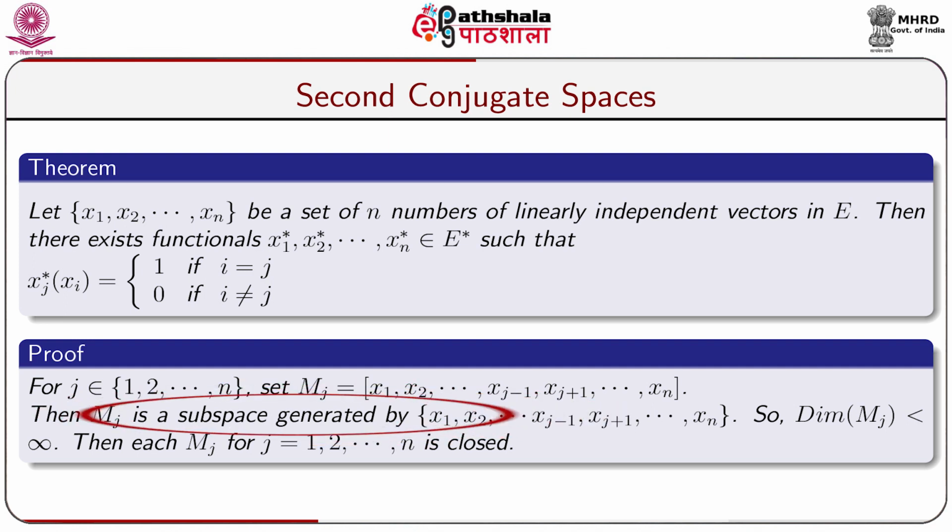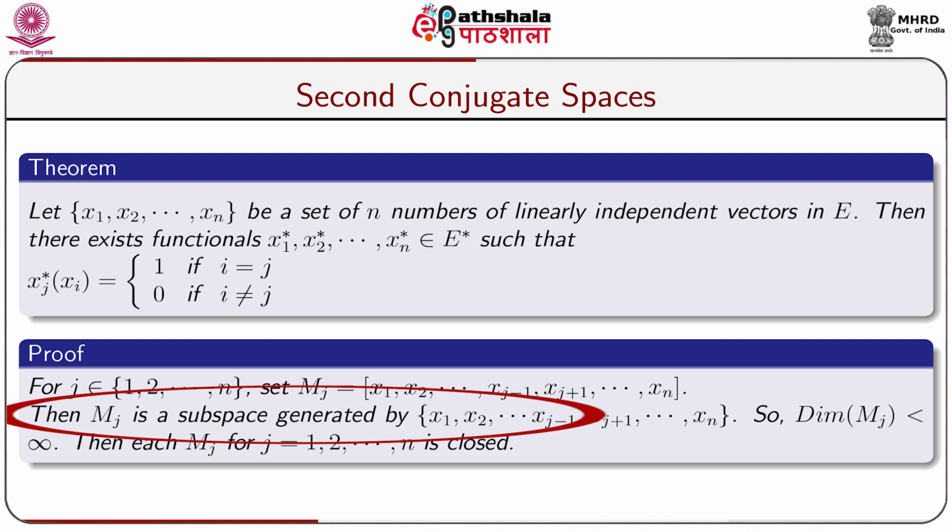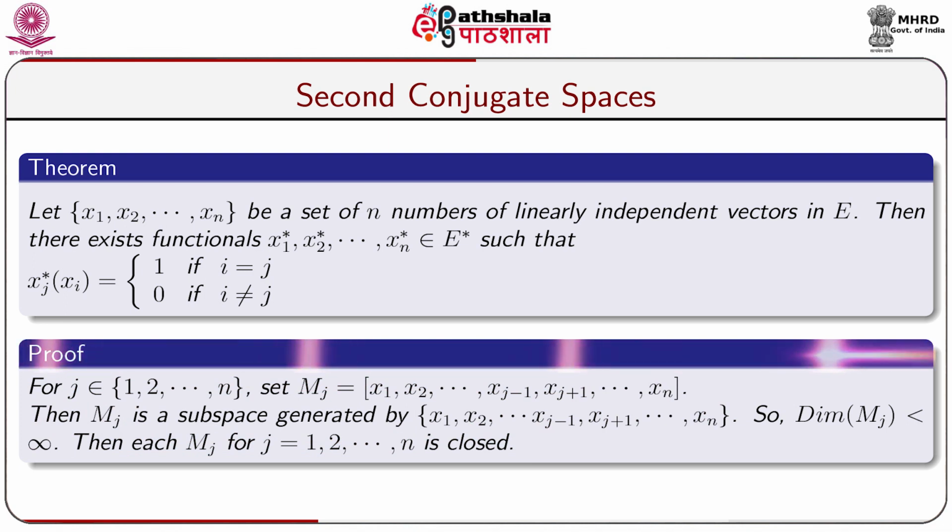That means Mj is a subspace generated by all elements x1, x2, ..., xn excluding xj. So, dimension of Mj is strictly less than infinity, that is dimension of Mj is finite. Then each capital Mj for j equal to 1, 2, ..., n is closed.